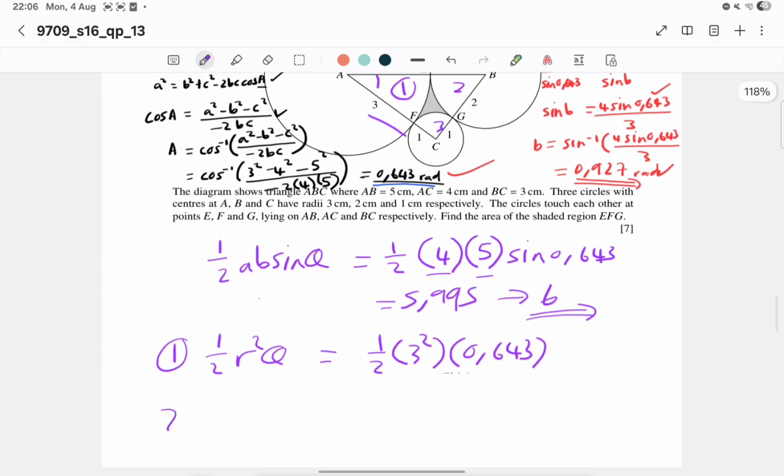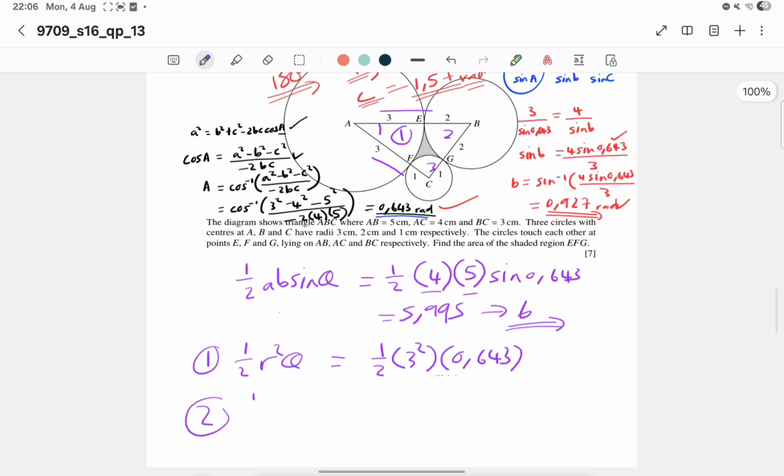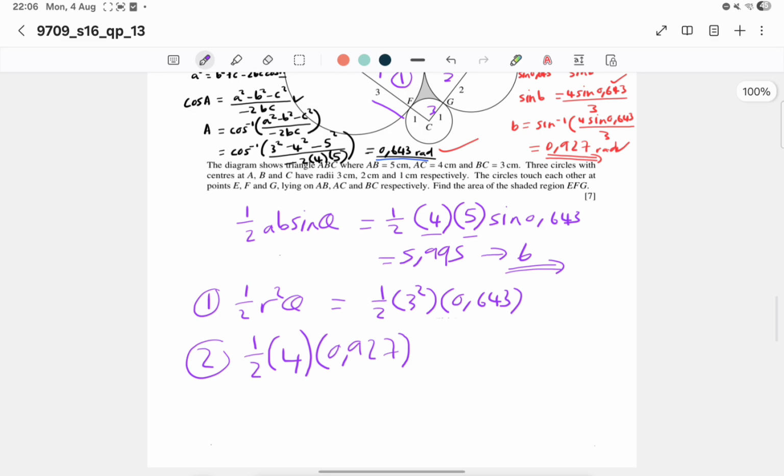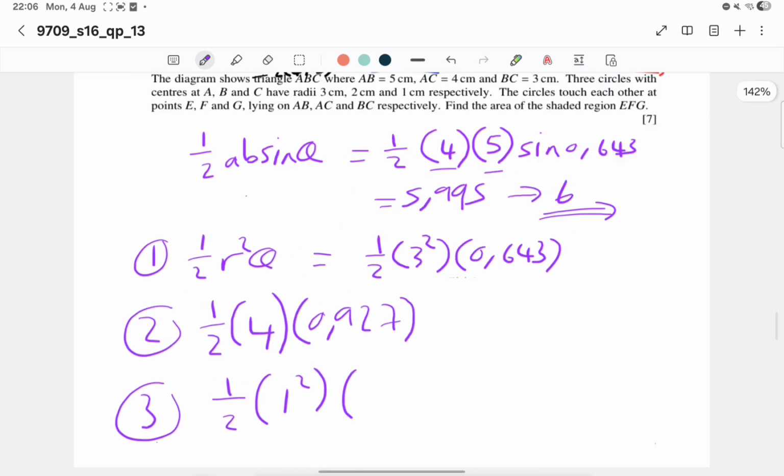For sector number 2, we're saying half r squared, r is 2, then 2 squared is 4, so half 4, then the angle at B, 0.927. Then sector 3, we're saying half 1 squared, which is obviously 1, times the angle at C, 1.57.